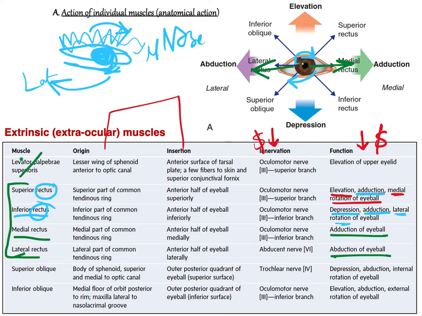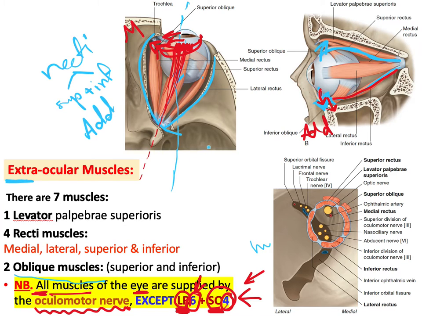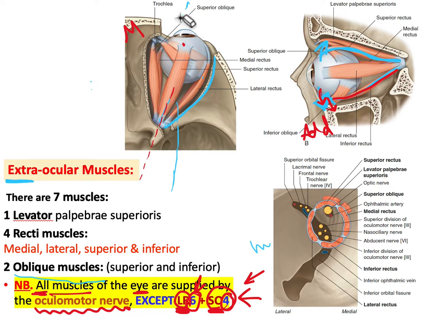We finished also this muscle, levator palpebrae superioris. Now, what about the superior oblique and inferior oblique? Okay, let me erase this also.